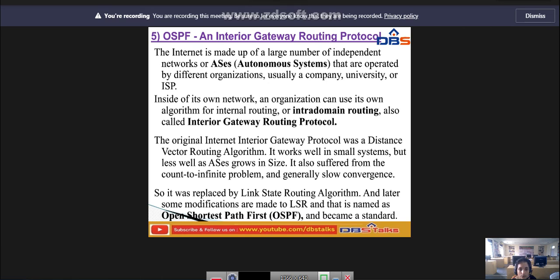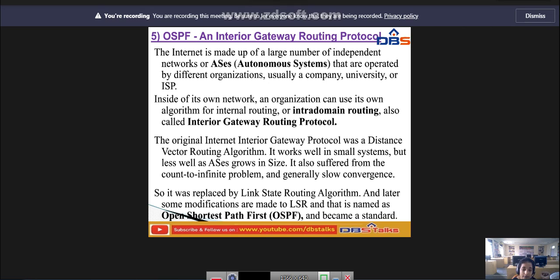Inside its own network, an organization can use its own algorithm for internal routing, or intra-domain routing, also called interior gateway routing protocol. The original Internet interior gateway protocol was a distance vector routing algorithm.